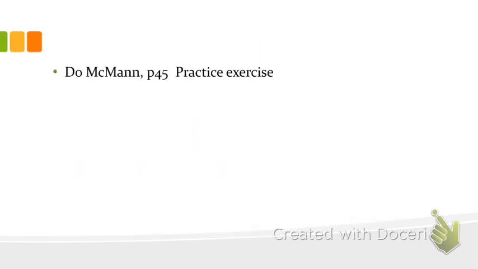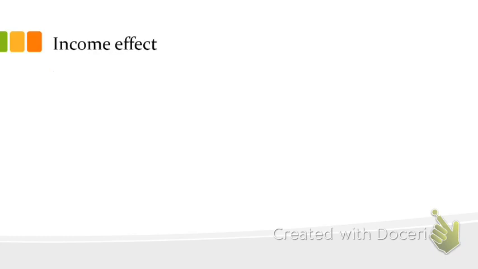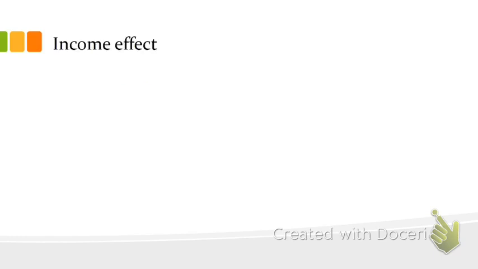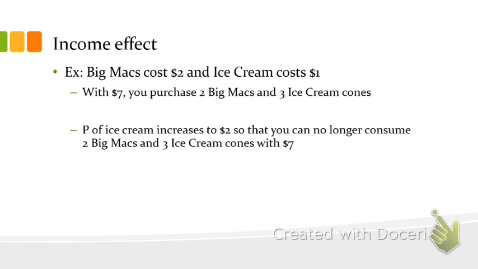All right. So we're going to do a practice exercise on determining the utility maximizing combination. Income effect. Here's an example. Big Macs cost $2, ice cream costs $1. With $7, currently I'm purchasing 2 Big Macs and 3 ice cream cones.